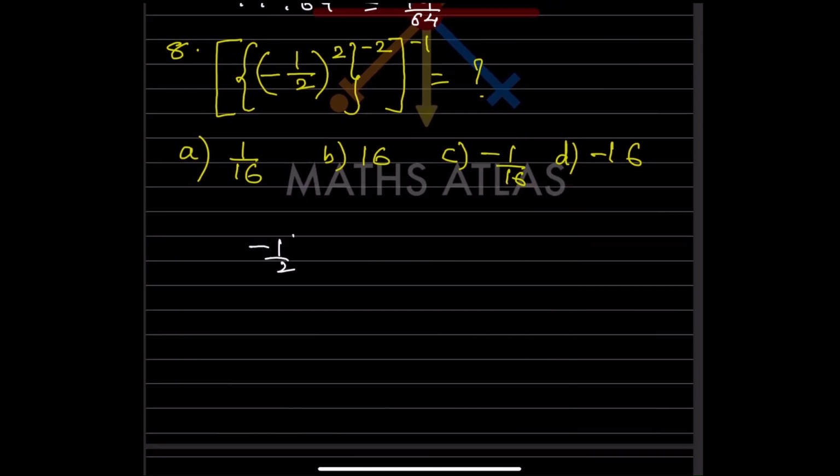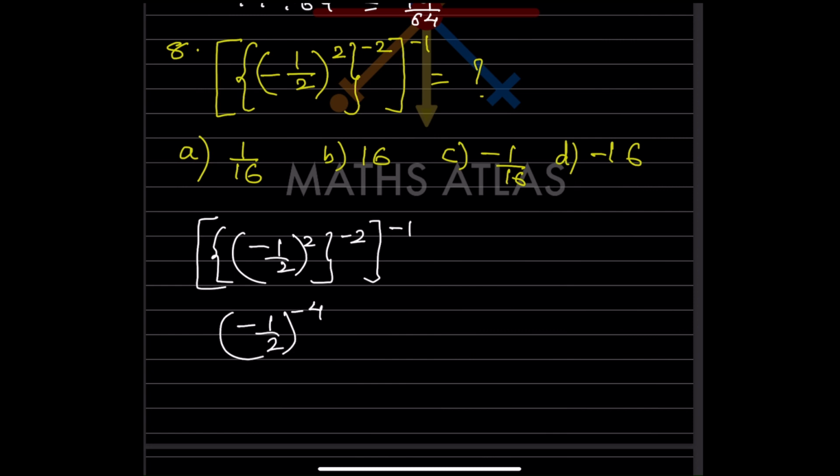Now let me write the next one. So here, the first thing we can do is multiply this into this, that will be minus 4, and this will be minus 1.